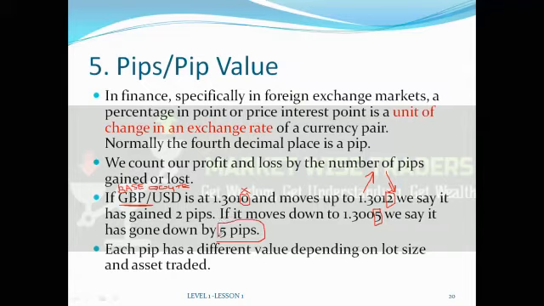Like we saw with the lot size, each pip has a different value depending on the lot size. You remember the chart which I showed you just now? Let's see if we can go there. You remember it, right?